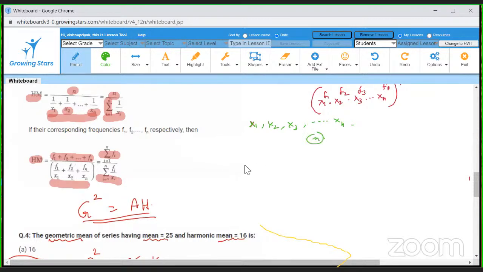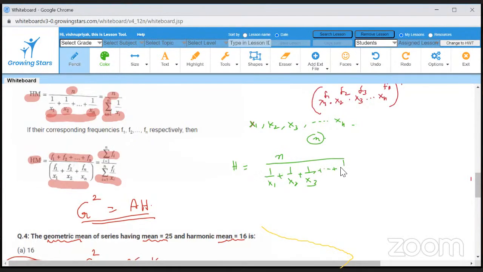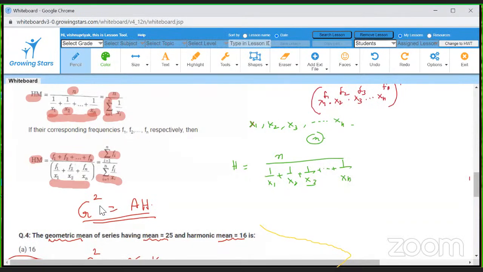So the harmonic mean will be the total number of observations divided by 1 by x1 plus 1 by x2 plus 1 by x3 up to 1 by xn. This is what the harmonic mean is.